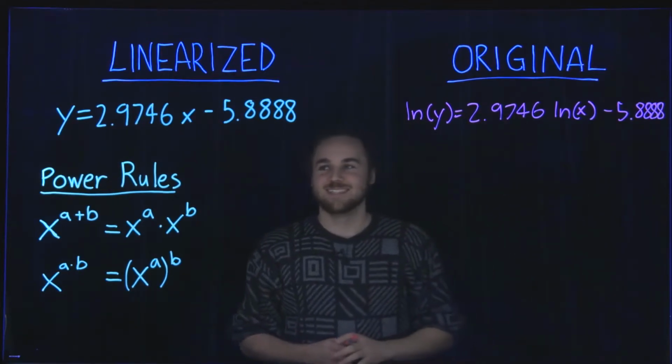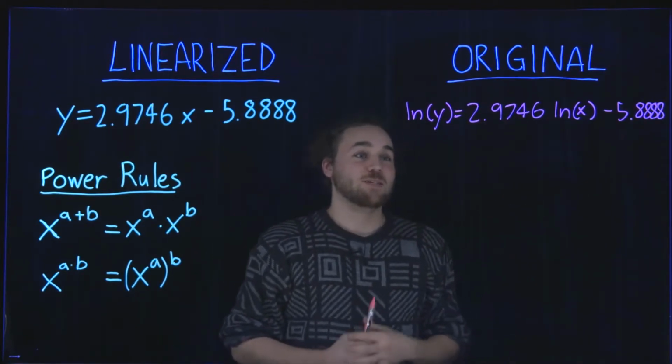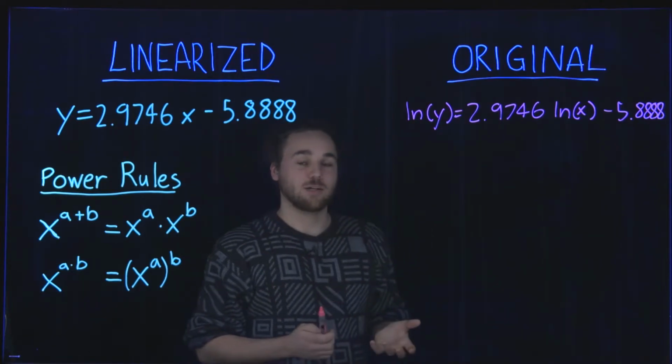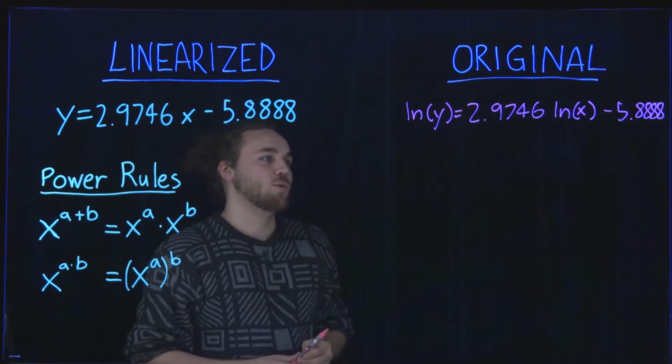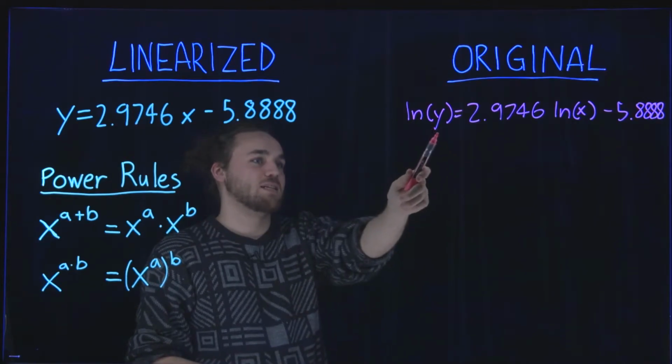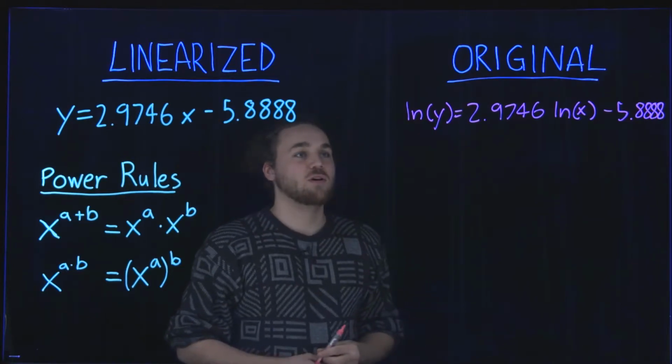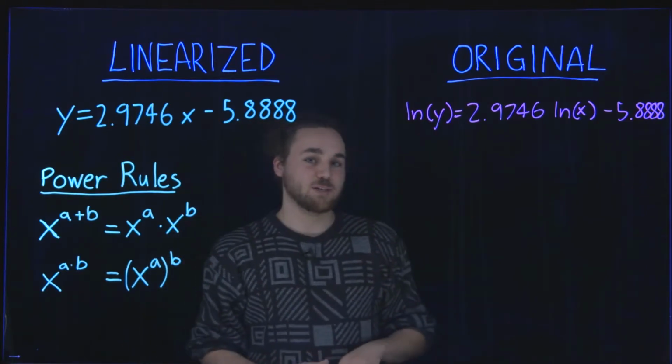So what we need to do now is get y all by itself so that it can look like a regular function. In order to get it by itself, we have to get it out of the natural log function here. So to do that, we are going to exponentiate both sides.